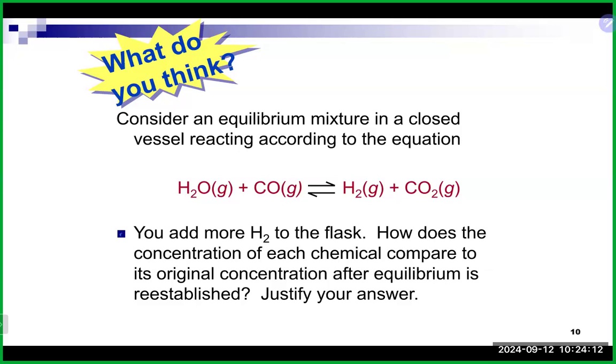We are adding more products, which means the availability of our products should now be greater than our reactants, and that should cause the reverse reaction to occur. That's going to cause those products to combine a lot easier than the reactants because there's just more of them.